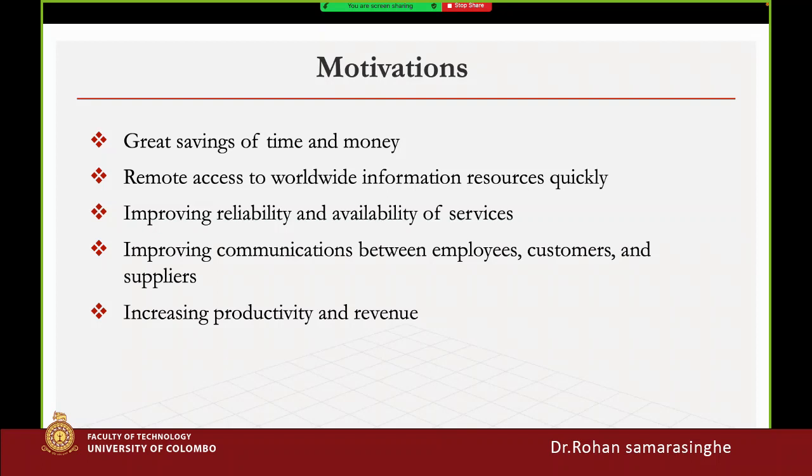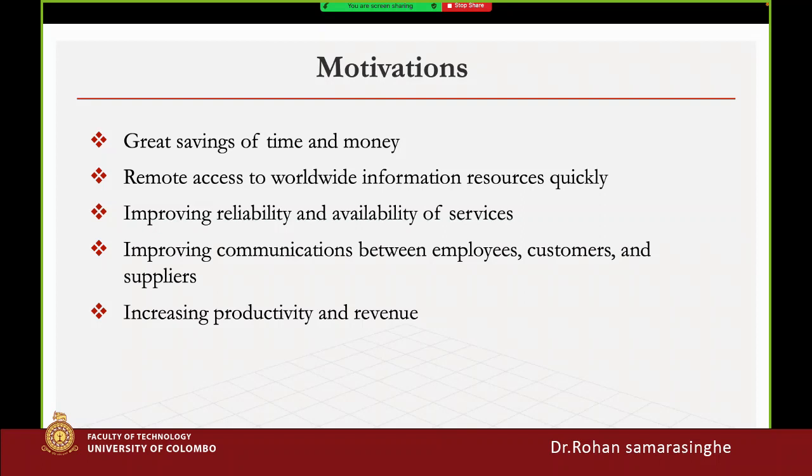Not only that, if a certain incident happens anywhere in the world, you can get the information within a few seconds. And improving the reliability and availability of the services: if the network connection is stable and the power supply is stable, you can get reliable service without any delays.